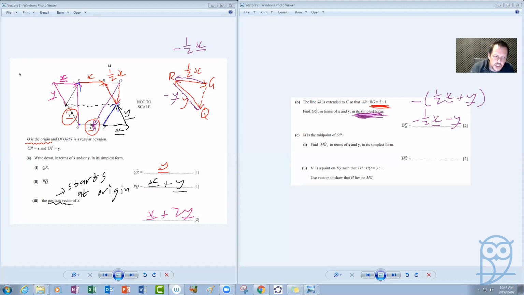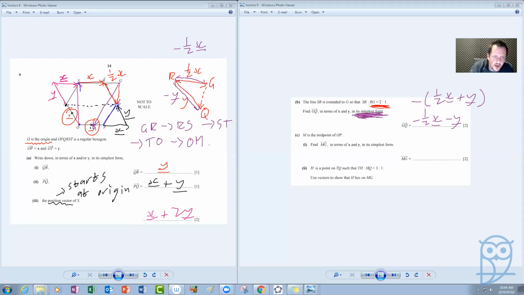So from G to M, we're going to have to go from G to R. Then we go R to S. Then S to T. Then T to O. And then O to M. So let's add all of these together.